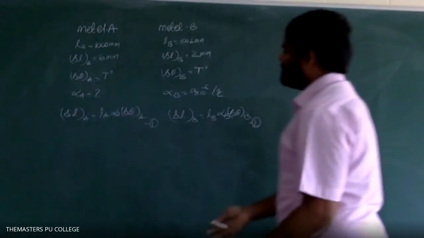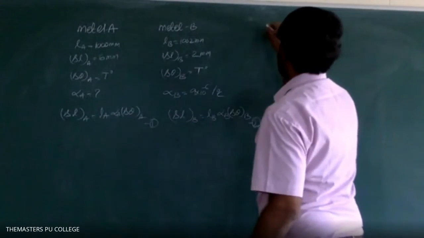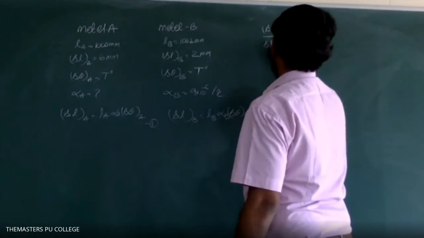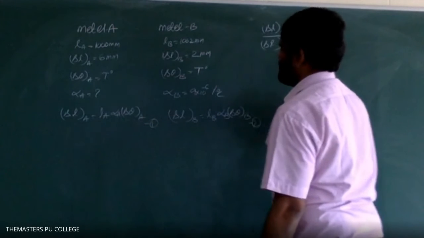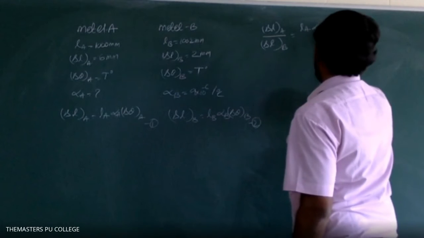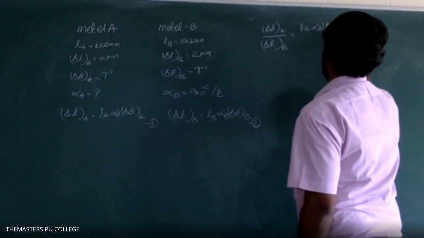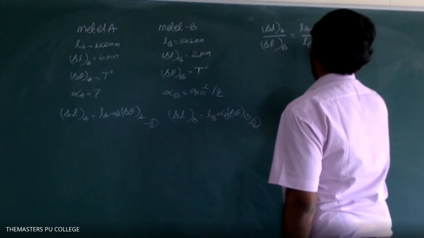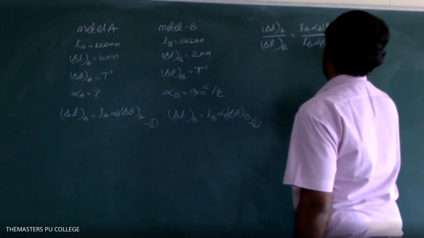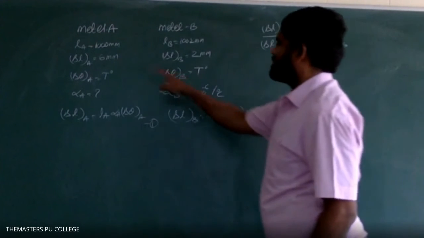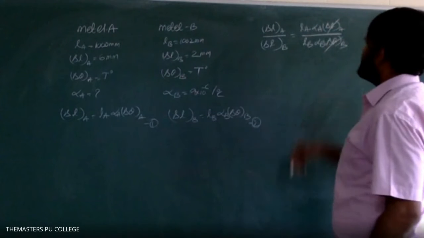Then divide equation 1 by 2: delta L of A divided by delta L of B equals LA alpha A into delta theta A divided by LB alpha B into delta theta B. As the temperature difference is the same for both, it gets cancelled.